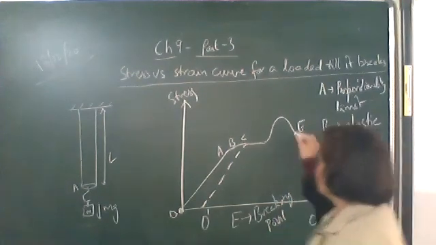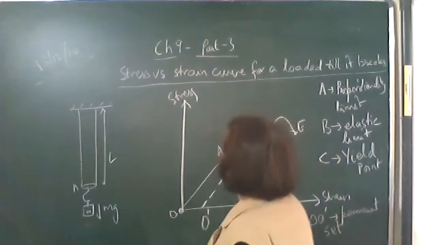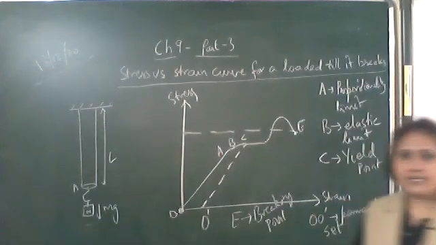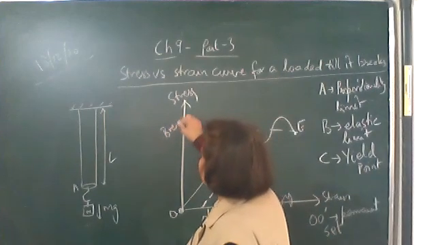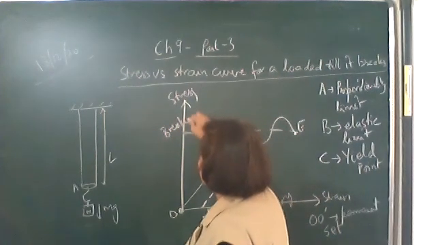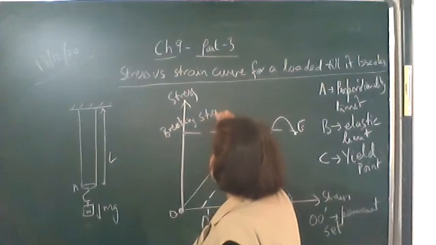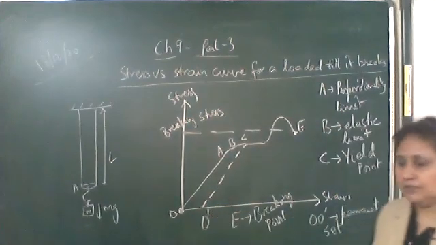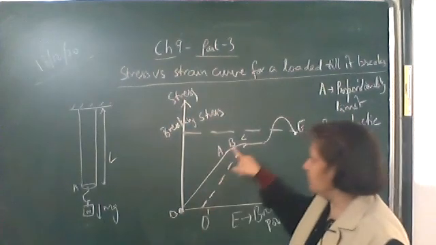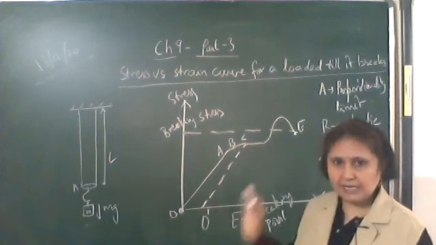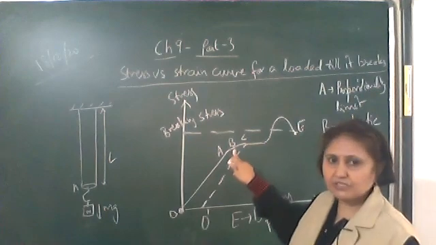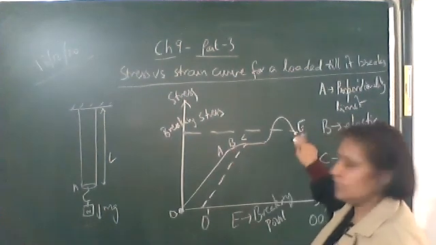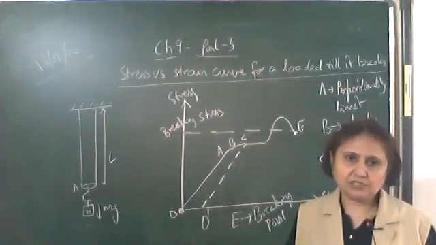And the stress corresponding to the point E we call the breaking stress. Now the O to B region is the elastic region. It is obeying the property of elasticity. The B to E region is the plastic region.